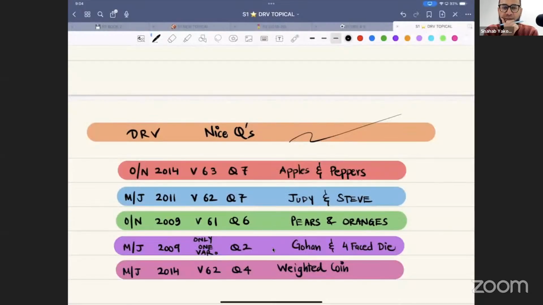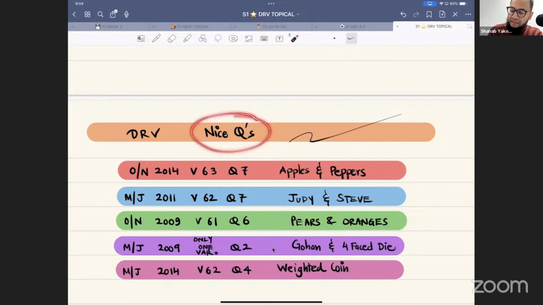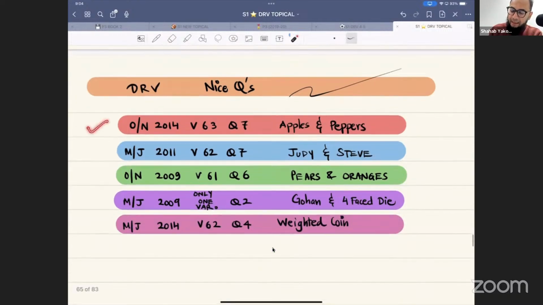And DRV is the topic that we are focusing on. DRV stands for discrete random variable, also known as probability distribution. And these are 5 of my favorite questions. I consider them to be very, very nice questions. The focus will be on these 5.